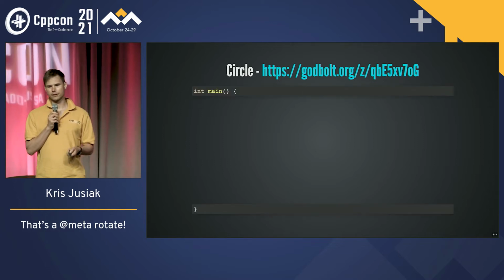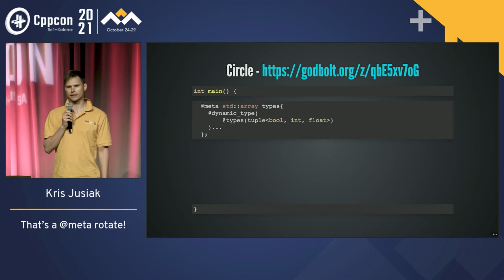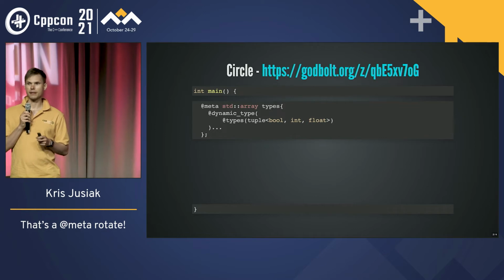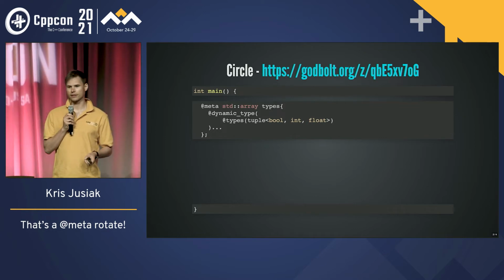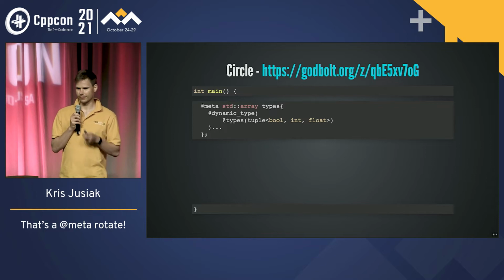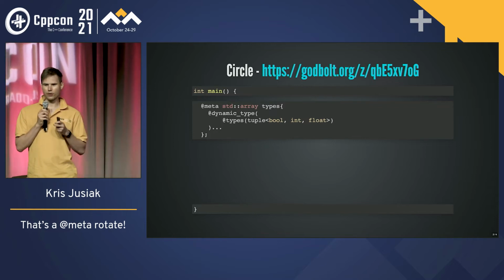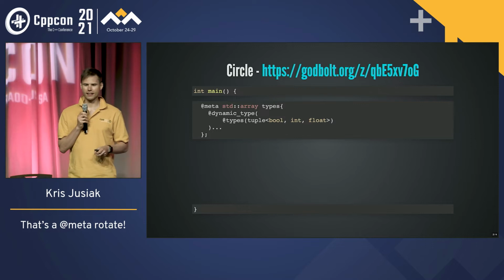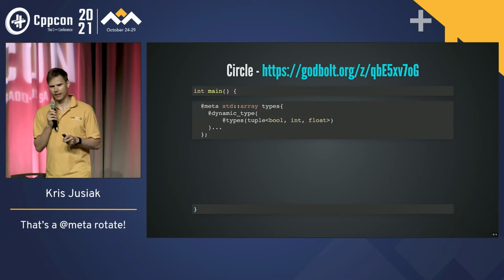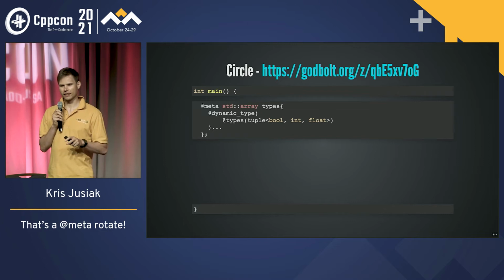But what about something more complex? Let's go to this universe, the meta universe. So here, we'll introduce an array, meta array, of types, which are dynamic types, of tuple of bool, int, and float. Yeah, a lot of adds, oh well. But that's not the main thing here.